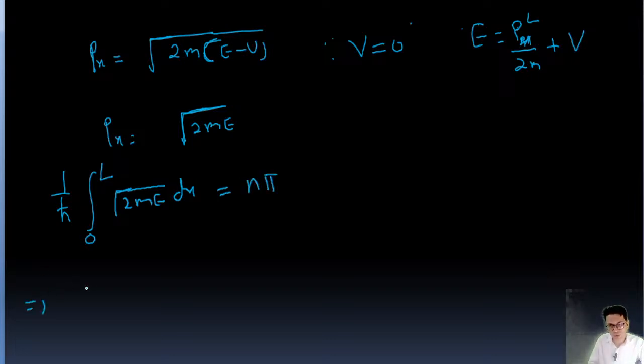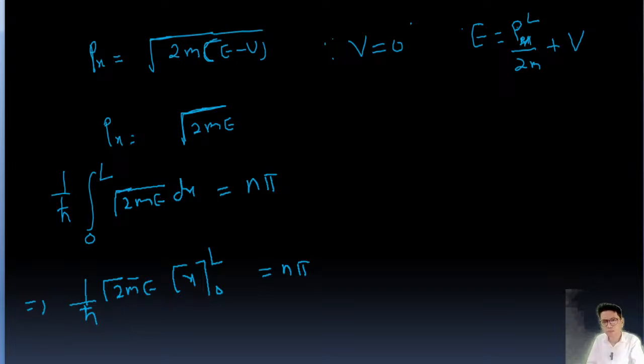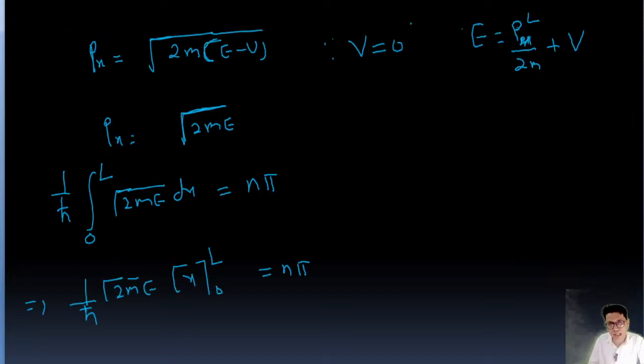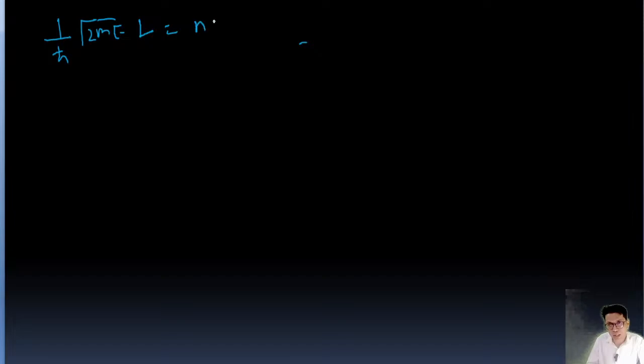And so this value is going to be 1 upon h cut, root 2me is constant, we have taken it outside, and this integration is going to be x from 0 to L equal to n pi. So from here the value is going to be 1 upon h cut root 2me L equal to n pi.